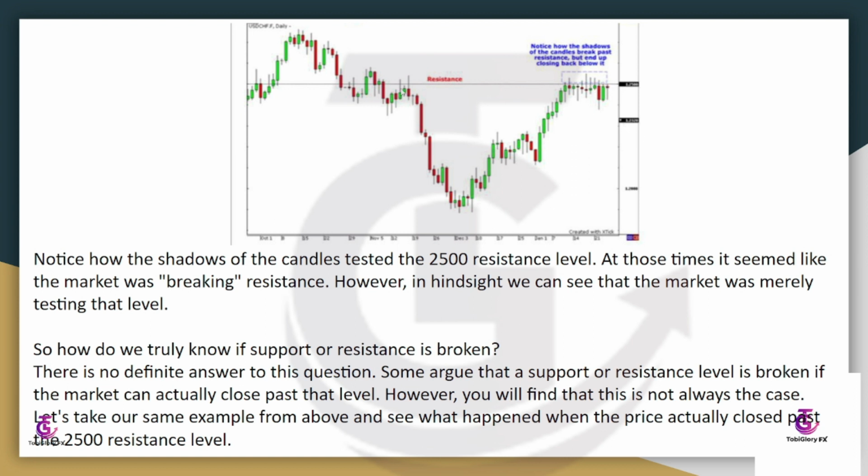This is the resistance level, the 2,500 resistance level. You can see this candle move away a little bit. This doesn't mean we have a break of the resistance. No, we don't have a break of the resistance. I will explain this further in the next video.